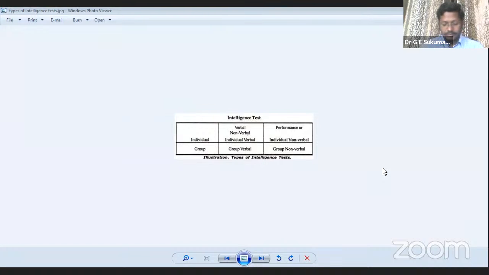For example, under individual tests, we have Koh's block design, Alexander Pass-Along, pattern drawing test, SPM and all that, picture construction test. These all are independent or individual tests.